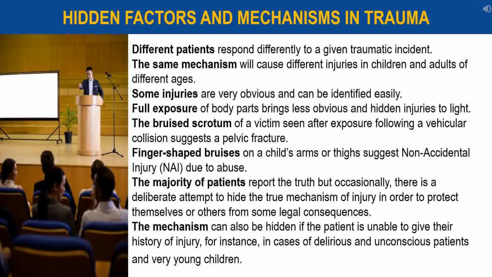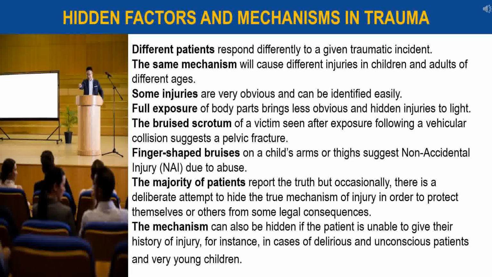Different patients respond differently to a given traumatic incident. Also, the same mechanism will cause different injuries in children and adults of different ages. Some injuries are very obvious and can be identified before the mechanism of injury is fully understood because they are visible externally. Full exposure of the body parts brings less obvious and hidden injuries to light.